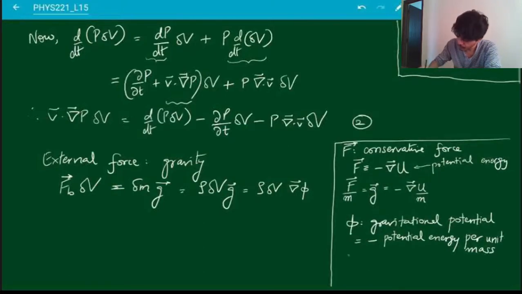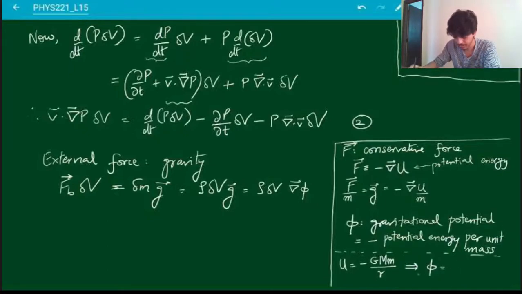To give you a feel for what exactly this means in terms of gravity, potential energy for a gravitational point mass would be minus G m m over r. Potential would be, first of all, plus, because it's the negative of the potential energy, and per unit mass.